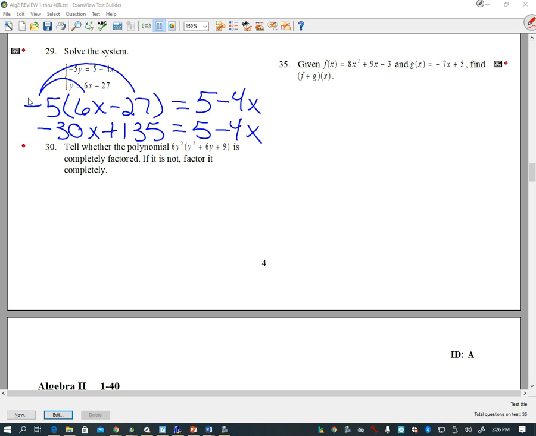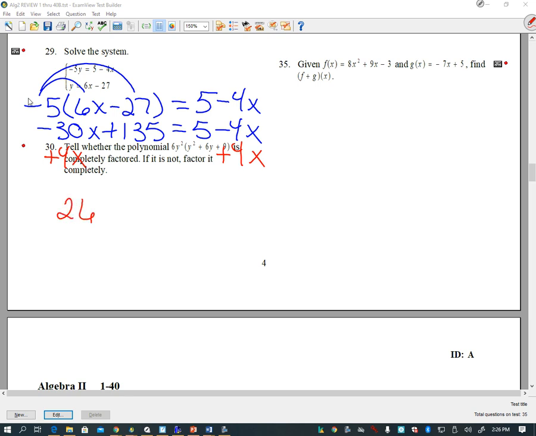Jarrett, what would you do next? Add 4x. Okay, so we can do that. And what are you adding it to on the left side? Negative 30x, right? Okay, so what's negative 30 plus 4?